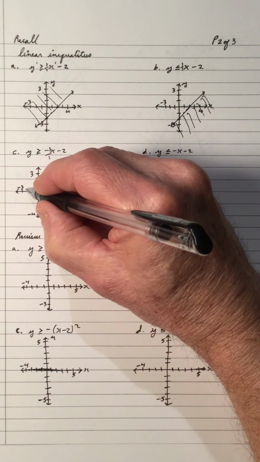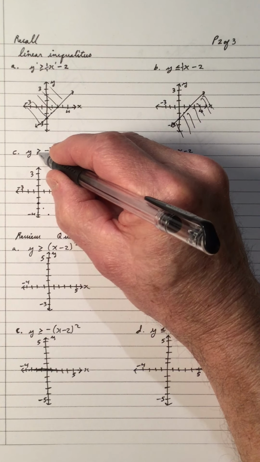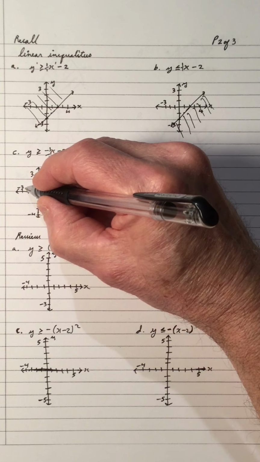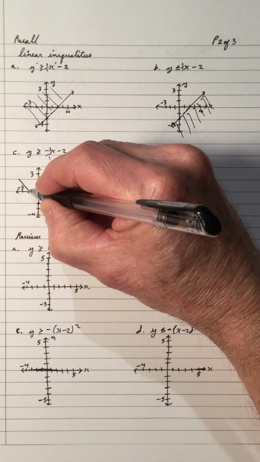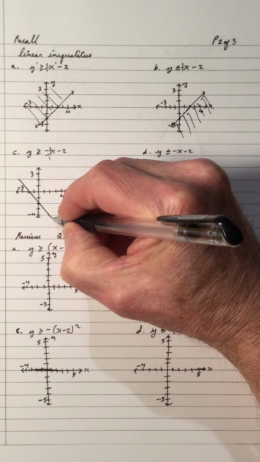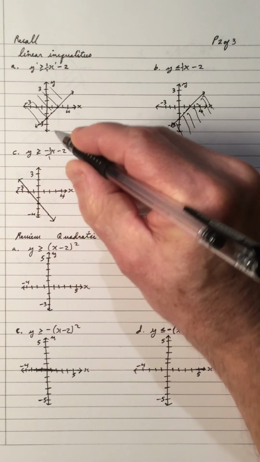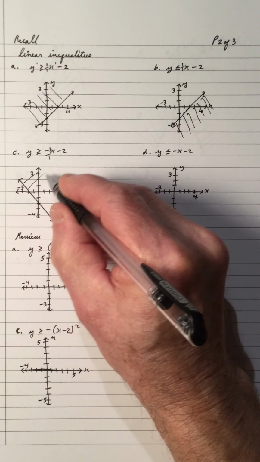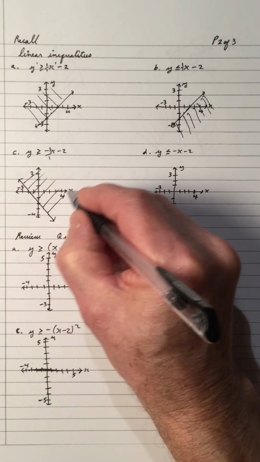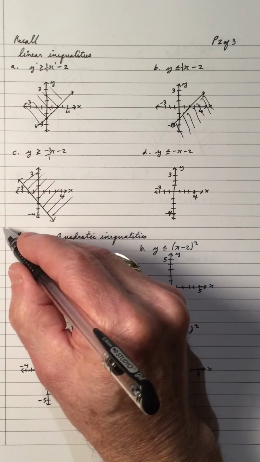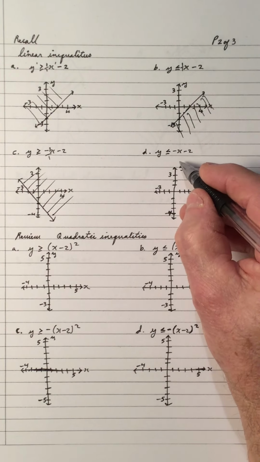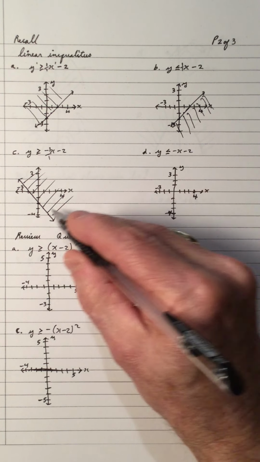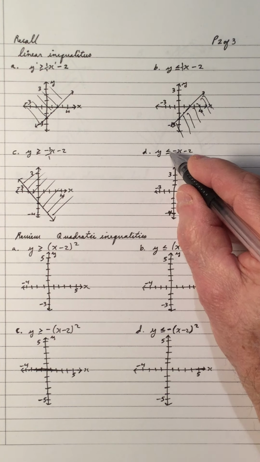The line has an equal sign, so it's solid. So we make the line solid going through here because of the equal sign. And greater than is above the line. Less than is below.